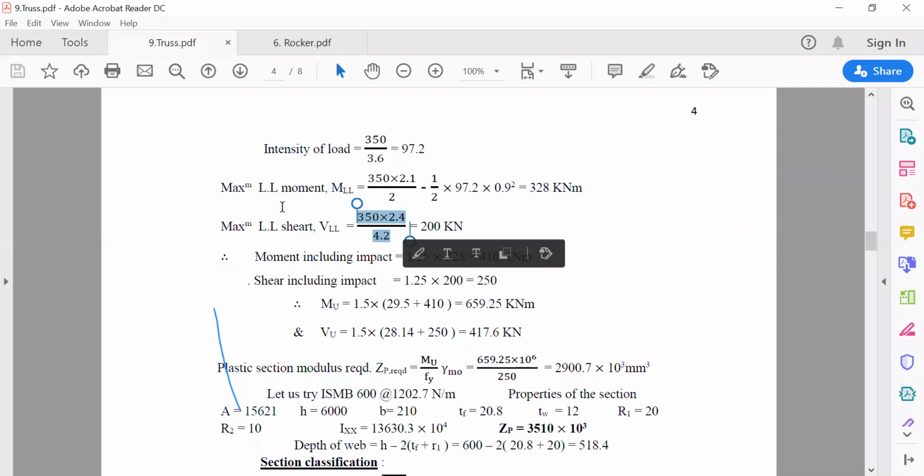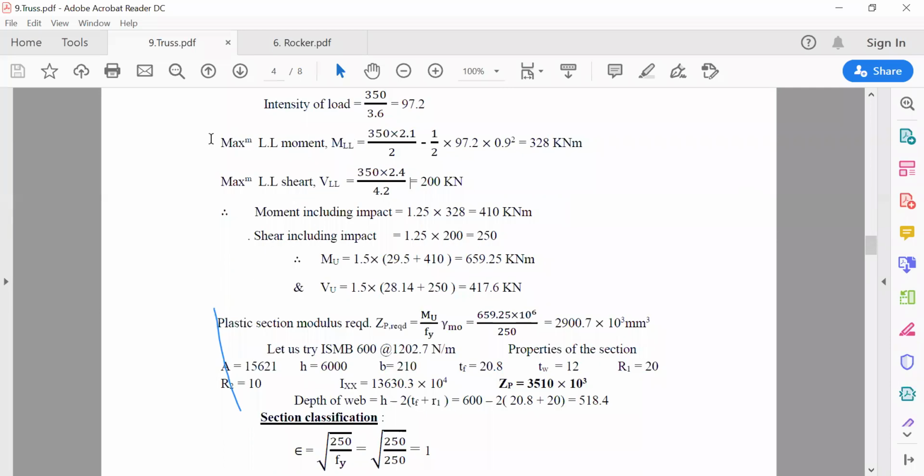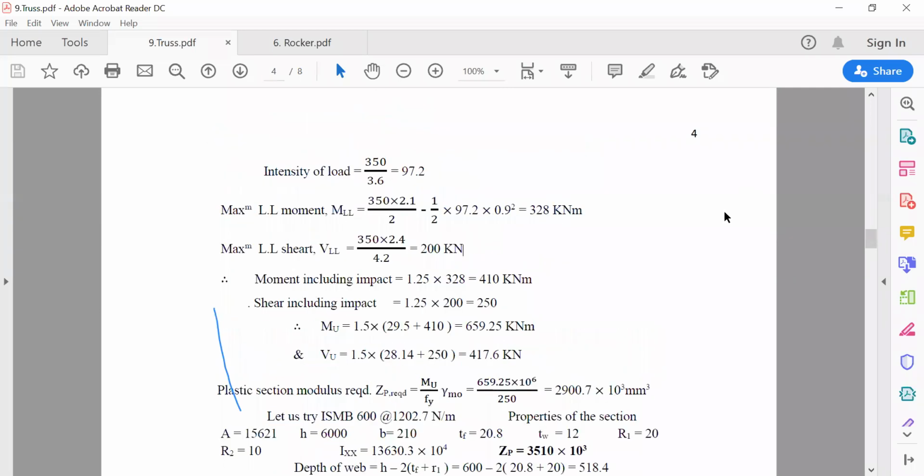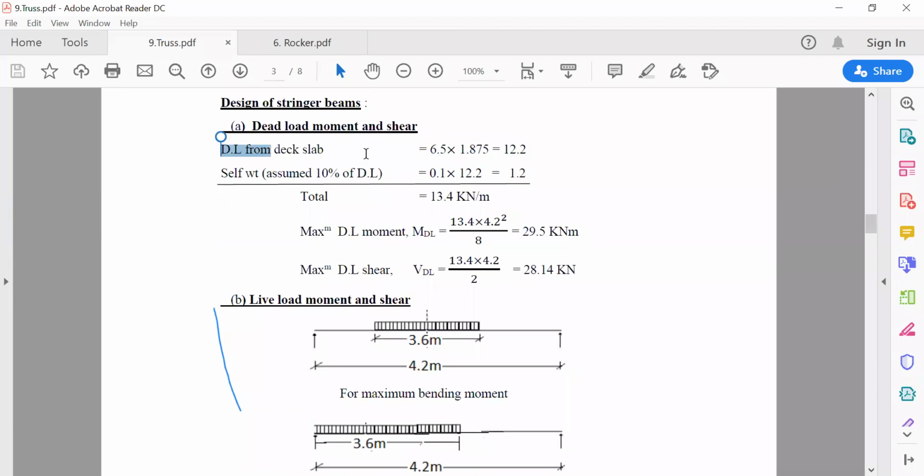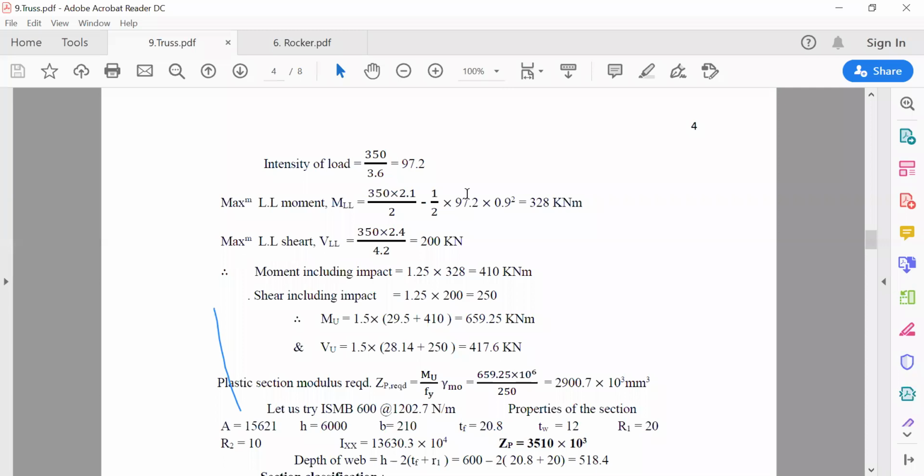After this, we have got the maximum live load moment and live load shear force. Then we have got the dead load moment and dead load shear force. I have given an impact of 25%, so I am adding it.